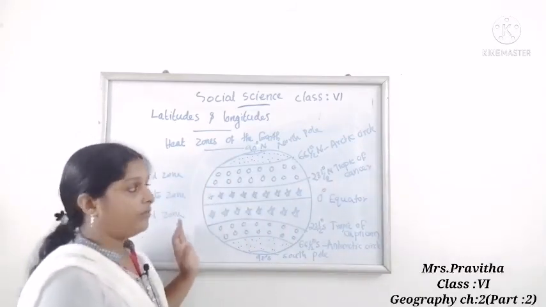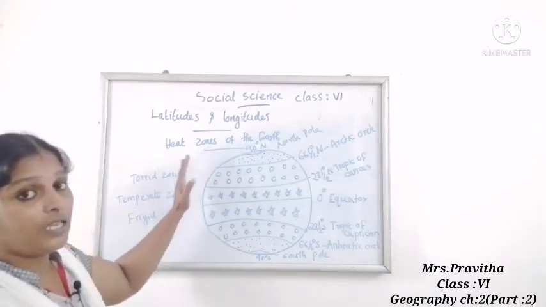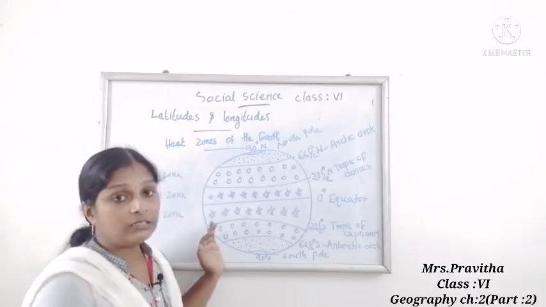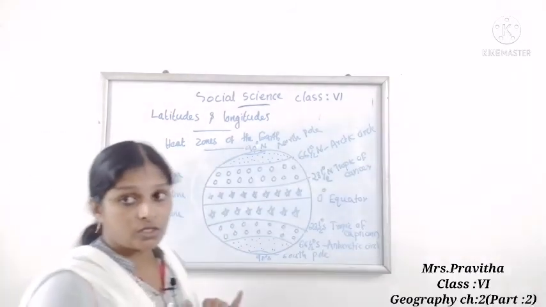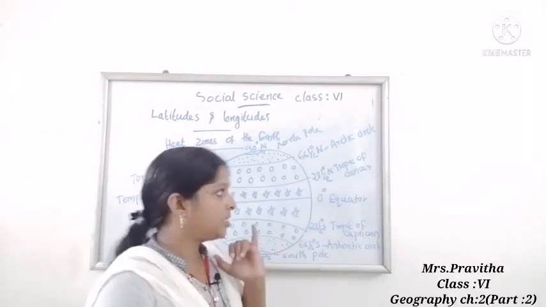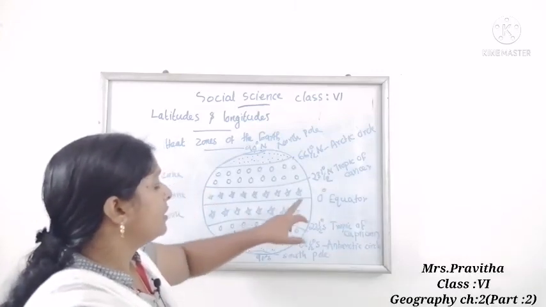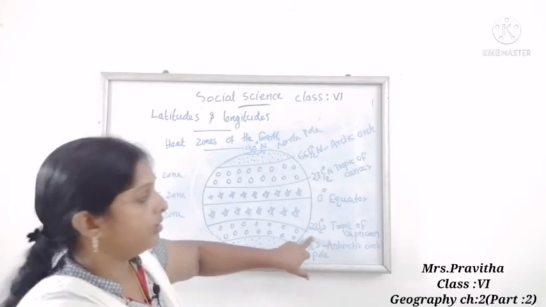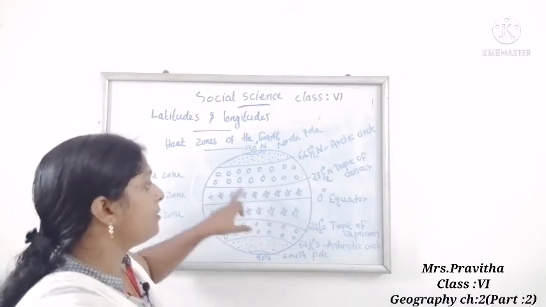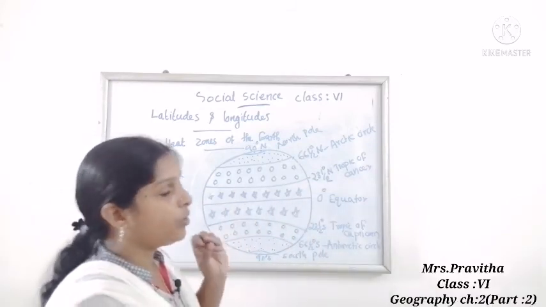Once again, ma'am will tell you the three important heat zones of the earth: torrid zone, temperate zone, frigid zone. The torrid zone lies between the Tropic of Cancer and the Tropic of Capricorn, and gets maximum heat. Torrid means hot.